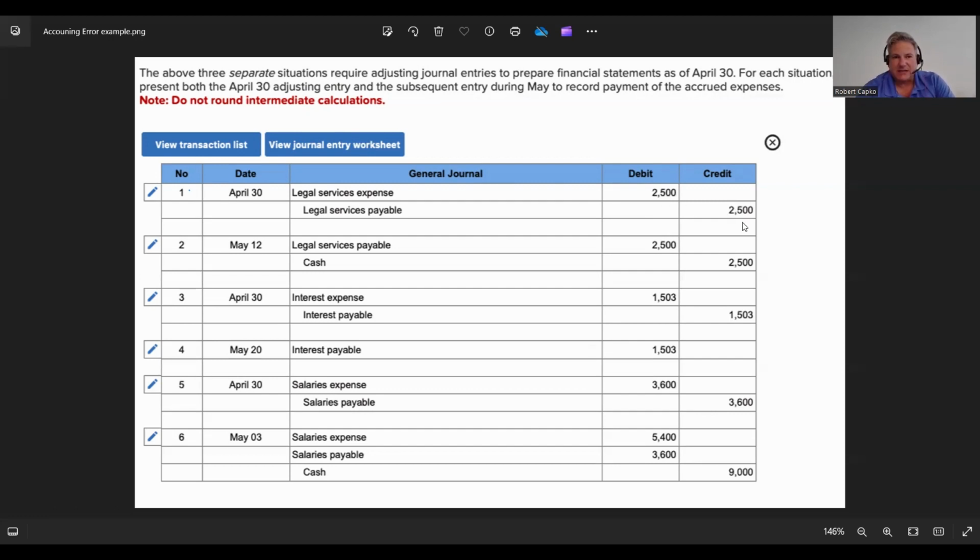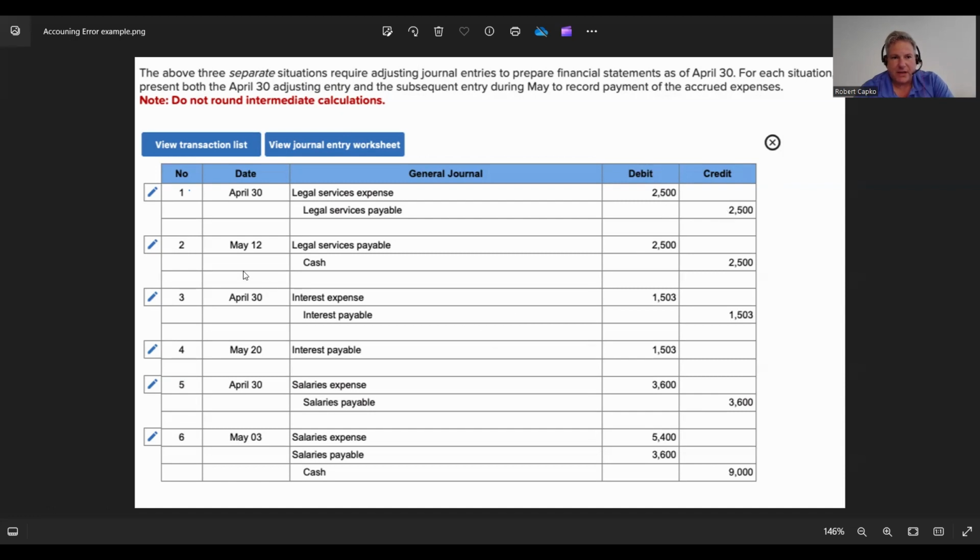And that makes sense. We're going to have a payable that is a credit because it's money we owe. So in this case, it's accrual accounting. We are accruing $2,500 worth of legal services, and we go ahead and put it as payable because we haven't paid it yet. We haven't written a check for it, but we do want to recognize the expense.